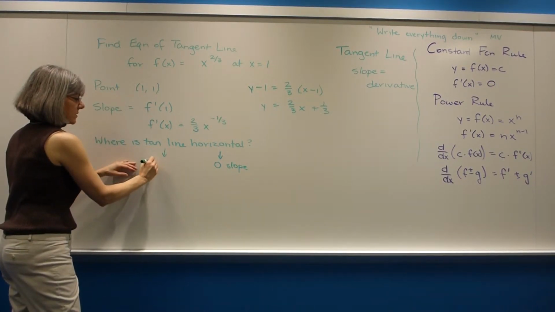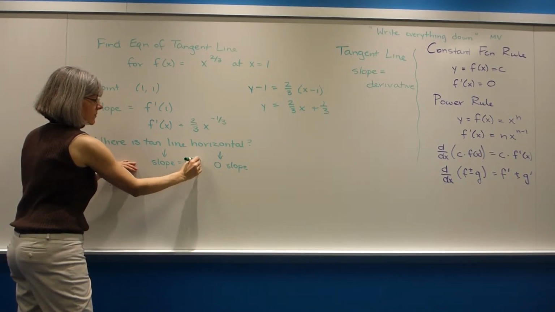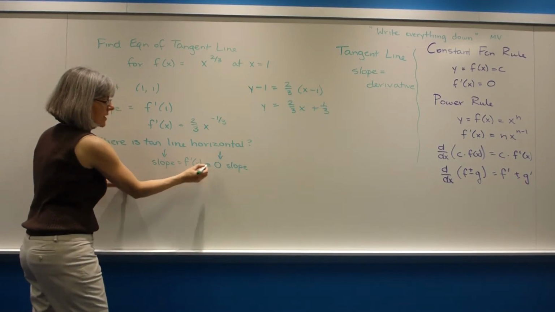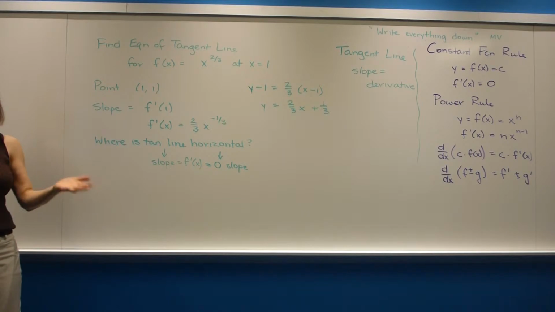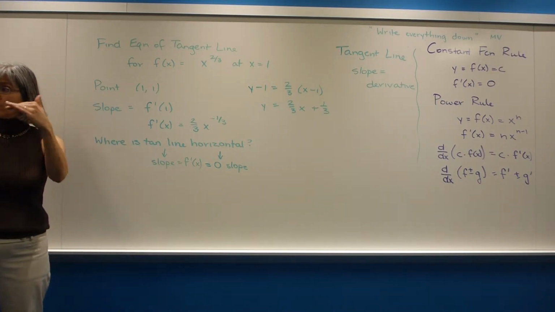Tangent line means the slope equals the derivative. So put those together and what do you get? Where is the derivative equal to 0? So when I ask where is the tangent line horizontal, it's saying where is the slope of the curve equal to 0.